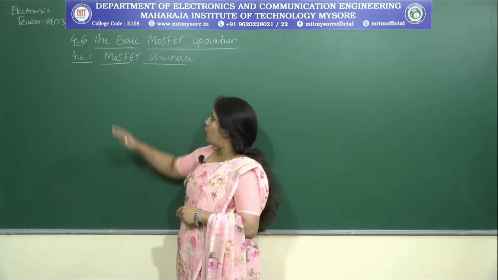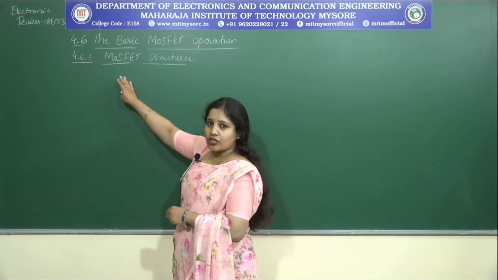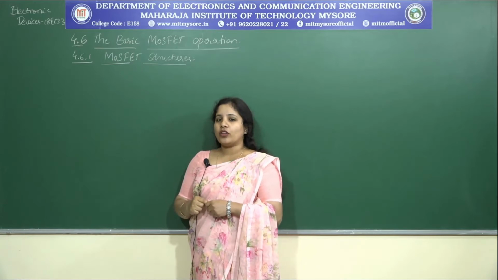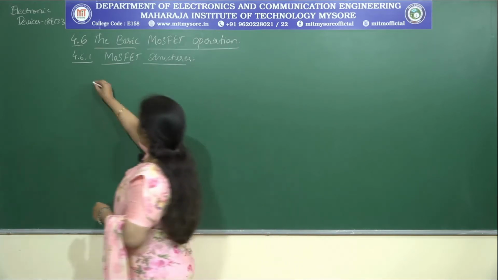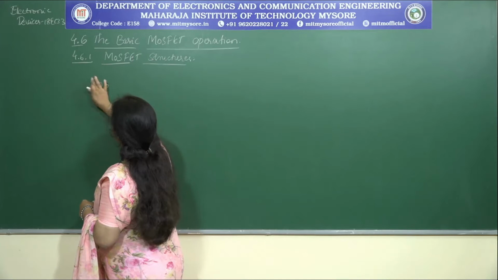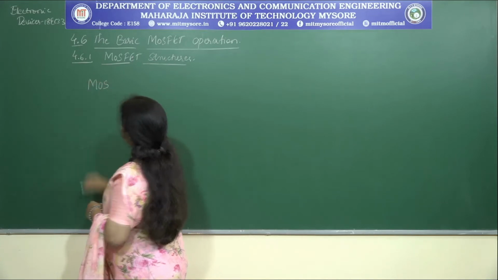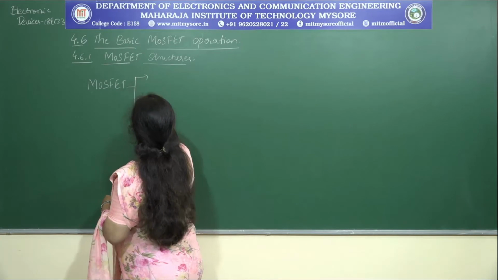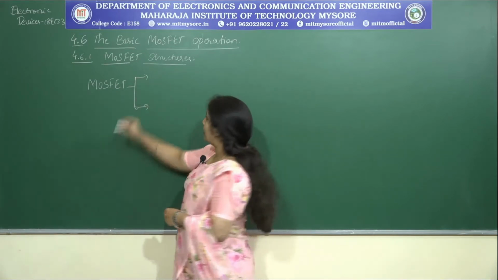Done. Now, what is it that we are trying to discuss here? It is the MOSFET structures that we are trying to understand. Now, what are the 4 different configurations I told? Whenever I consider a MOSFET, what are the 2 different classifications that we have?